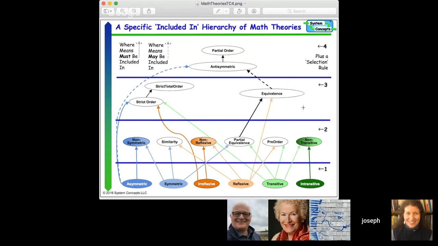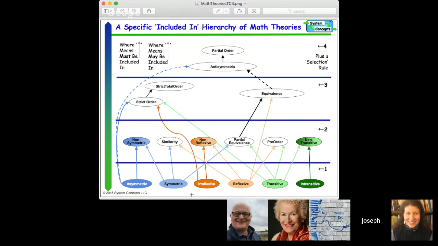Okay, I'm going to need to understand a little bit more. Are we talking about level 1 or level 2 or level 3? It's level 2, the non cases, non-symmetric. Right, I got it. The non-transitive, the non-reflexive, and the non-symmetric. So it seems like maybe it holds for some of the pairs, but doesn't hold for other pairs.